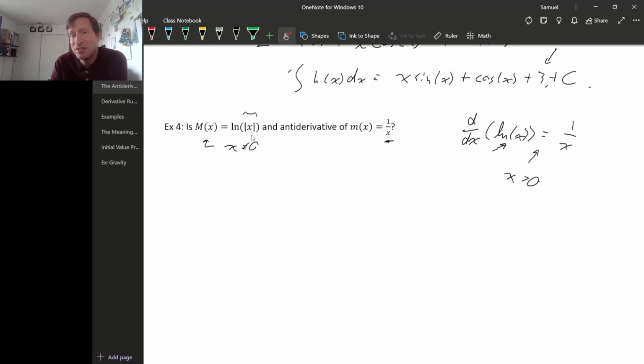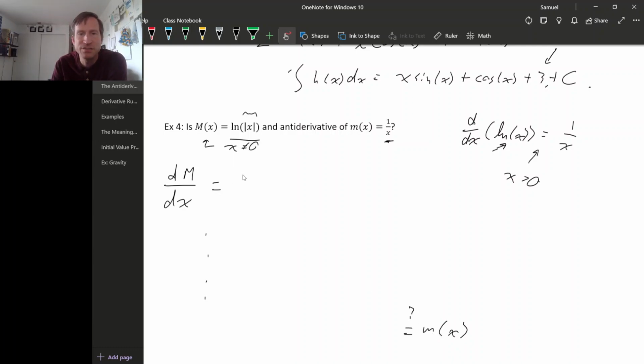And we haven't checked yet what the derivative of this function is, so let's do that. To check if capital M is an antiderivative for little m, we can just take the derivative of capital M, do whatever calculation we have to do, and see at the end, do we get little m?